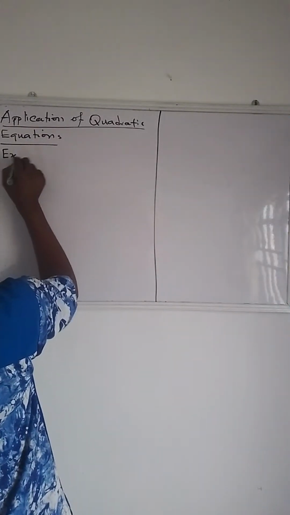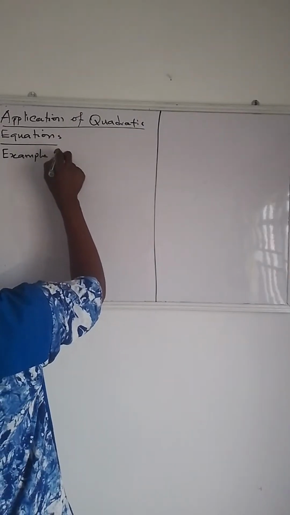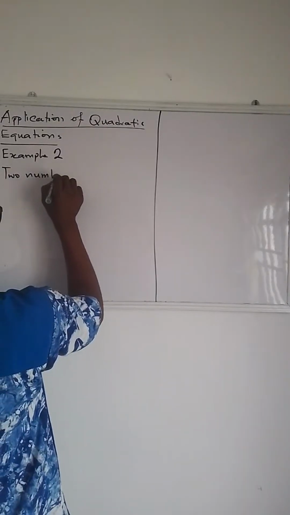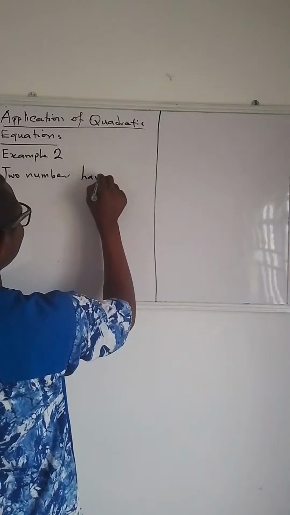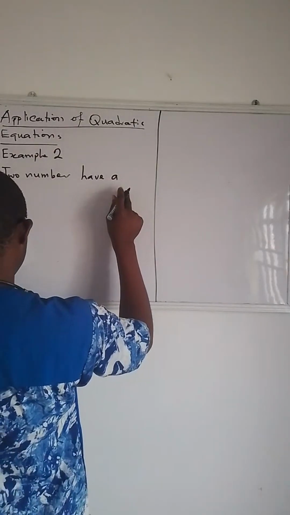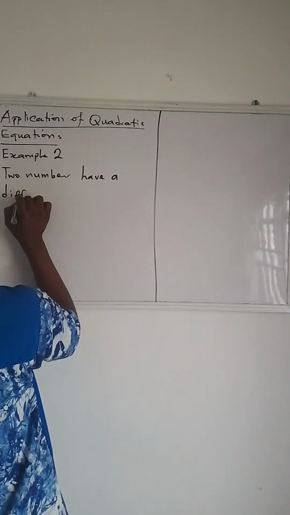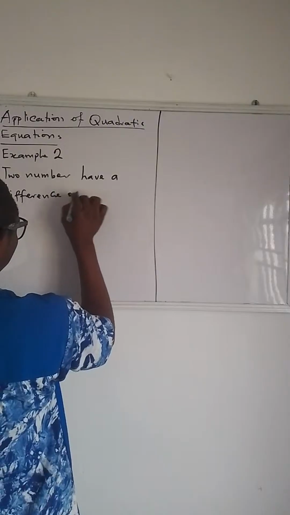Example 2. Two numbers have a difference of 3.